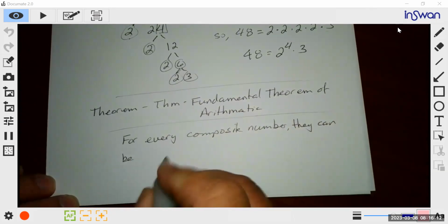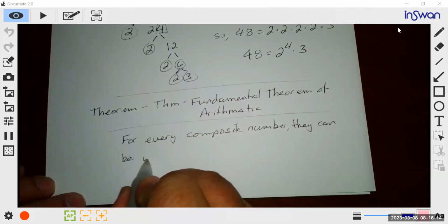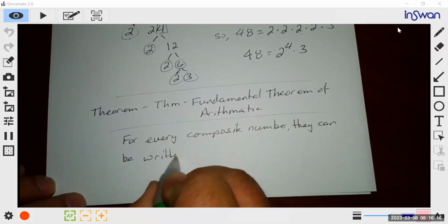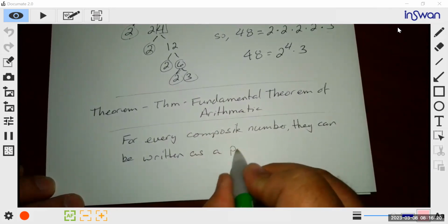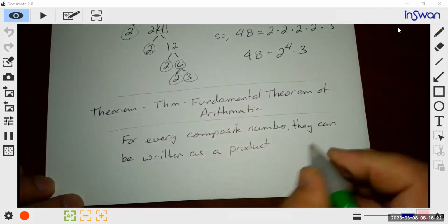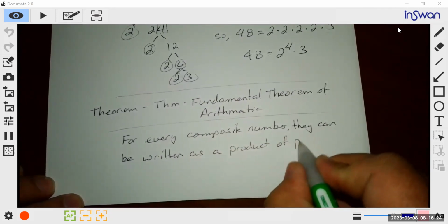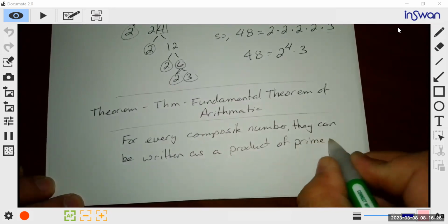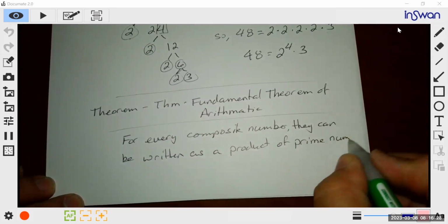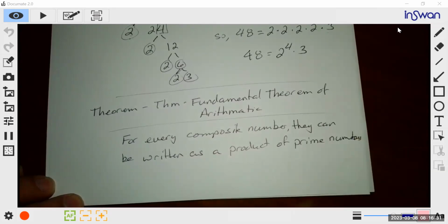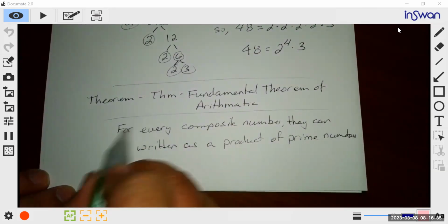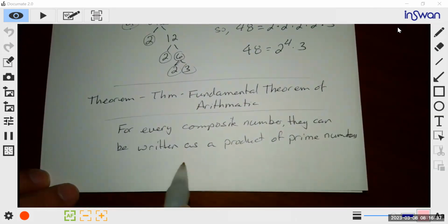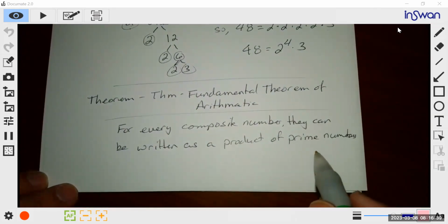they can be written as a product of prime numbers. Or you should say every composite number can be written as a product of prime numbers.